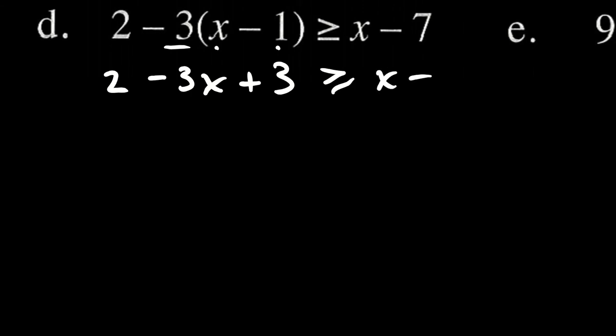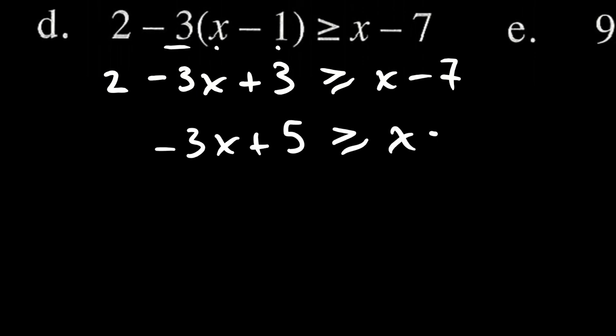x minus 7. All right, the next thing I'm going to do is combine the 2 and 3. So I've got negative 3x plus the number 5 is greater than or equal to x minus 7. I'm going to take away an x from both sides, and it becomes negative 4x plus 5 is greater than or equal to negative 7.